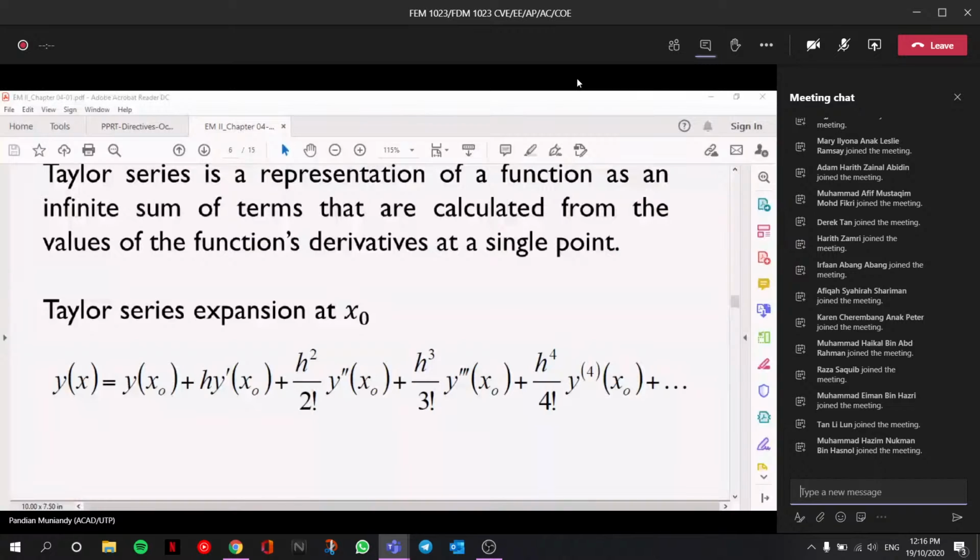Of course, there are second order, third order terms, but we are not going to use all these things. So this we cut out, meaning they cancel. So you only have 1, 2, 3 terms. The left hand side is the output. On the right hand side, this one is the initial condition, and this is h y dash (x naught). We will know the detail in the next slide.